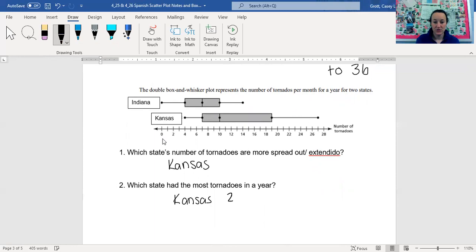We'd be looking at 27 minus 4. Kansas has 23 tornadoes versus Indiana, where we're at 14 minus 0. Indiana's only having 14. You can look at it by just looking at it, but you can also calculate it: Kansas is having a lot more tornadoes. It's more spread out than Indiana, based on this box and whisker plot.